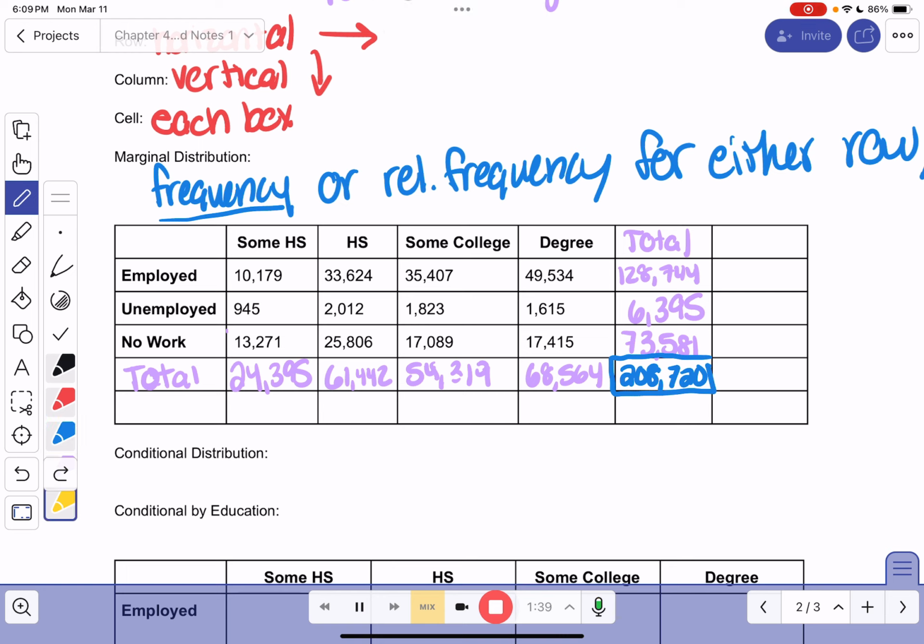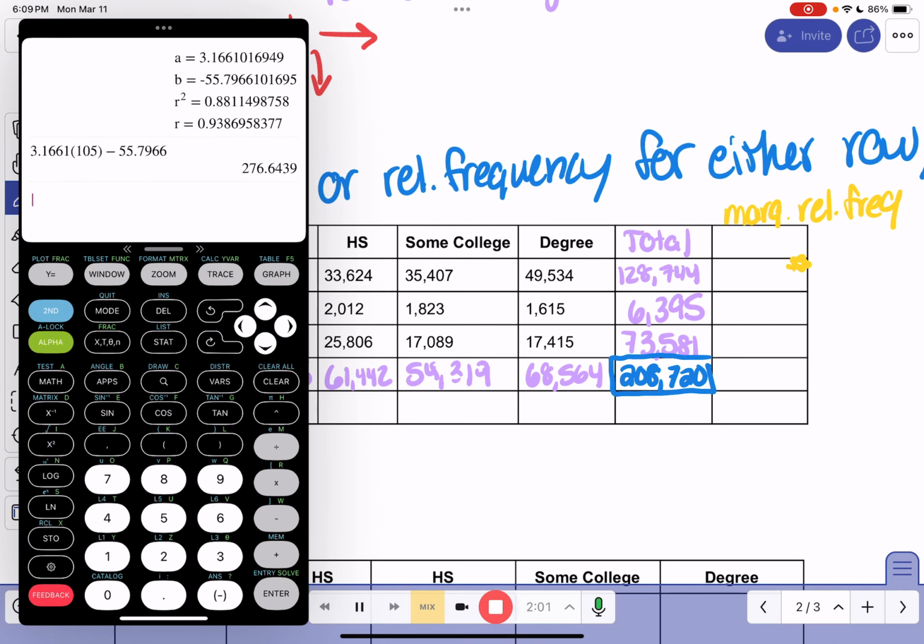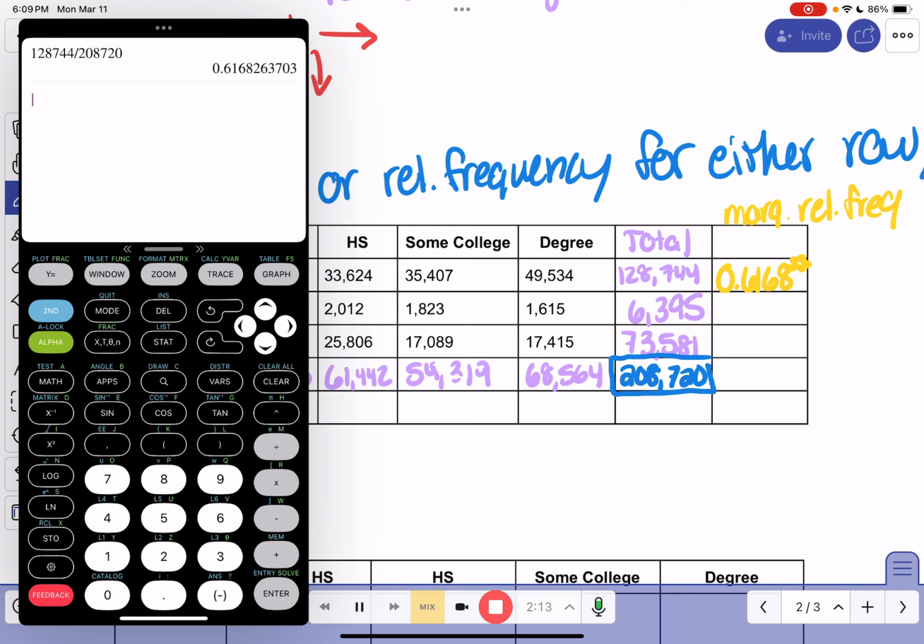Then if I did marginal relative frequency, we're going to take the total of that row and divide by the total to get our percent. So for this box, I would do 128,744 divided by the blue total, 208,720, and I get 0.6168.